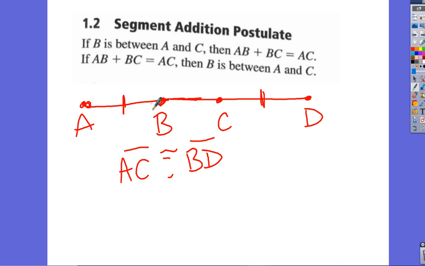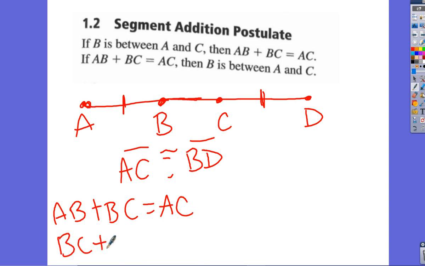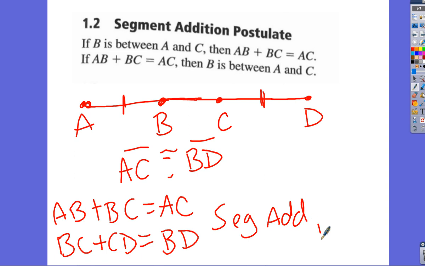And so we can introduce these segments and make them a part of our proof by using the segment addition postulate. So I can maybe use it to say that, hey, I know that AB plus BC actually equals AC. And I also know that BC plus CD equals BD, all by the segment addition postulate.